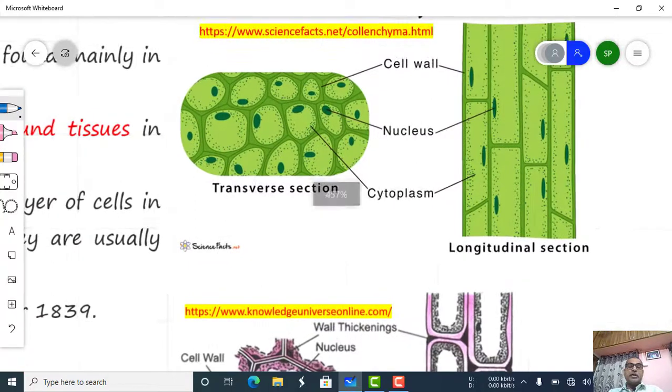This one is a transverse section of collenchyma, and this is a longitudinal section. If you observe here, these cells contain a cell wall, a prominent nucleus, and all the cell organelles are also present, along with a vacuole.